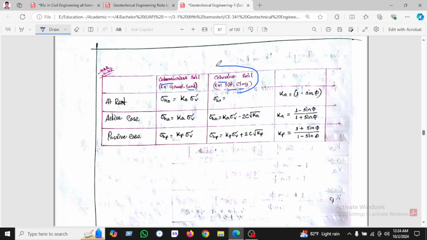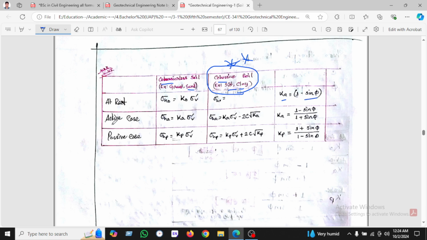Silt and clay is mostly used in over the wall, so that's why we will consider this formula very deeply. So we can say that at rest, sigma_h equals K0 into gamma prime b, whereas K0 equals 1 minus sin phi.